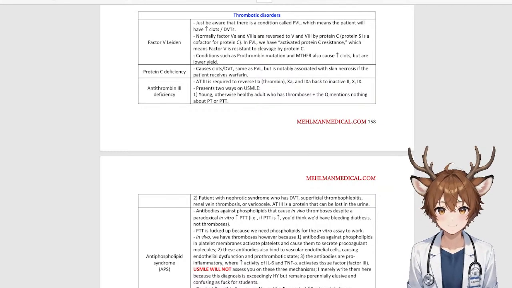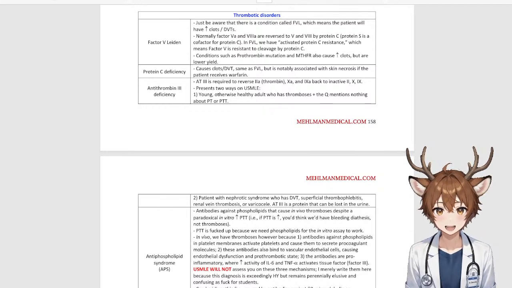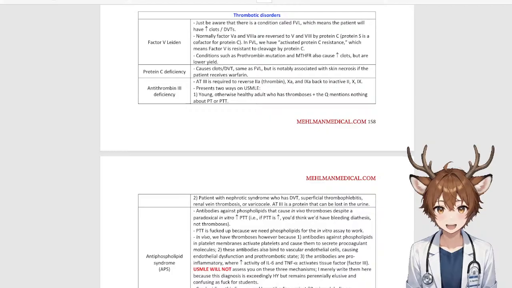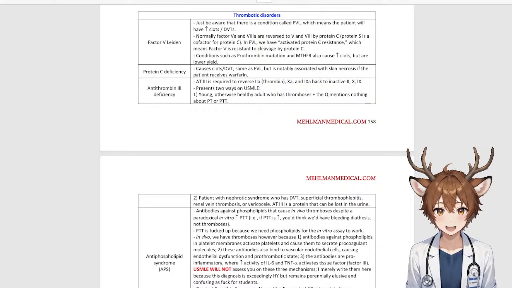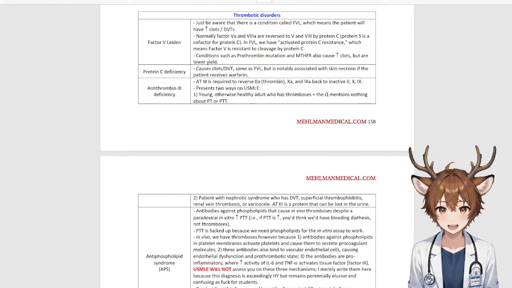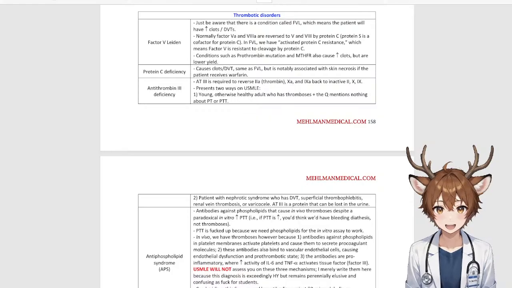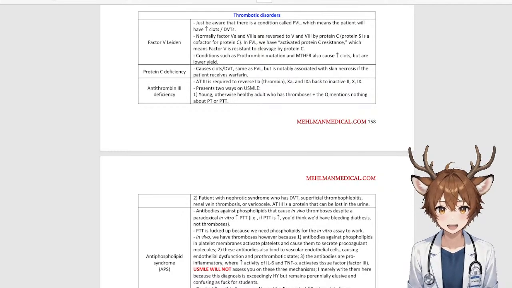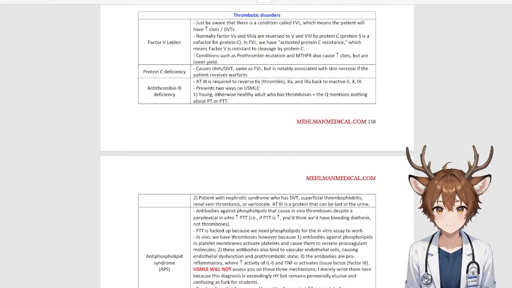One, a young, otherwise healthy adult who has thromboses, plus the question mentions nothing about PT or PTT. Two, a patient with nephrotic syndrome who has a DVT, superficial thrombophlebitis, renal vein thrombosis, or varicocele. Antithrombin 3 is a protein that can be lost in the urine.